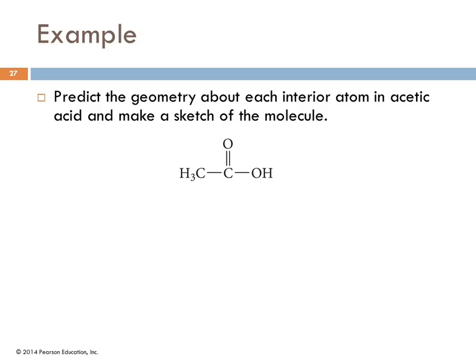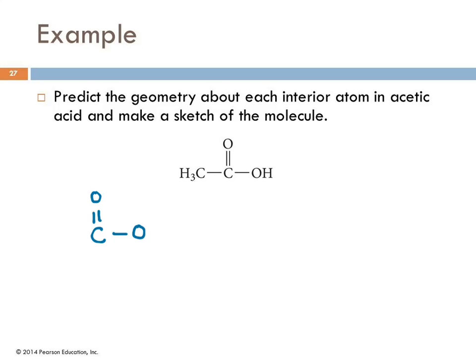So let's predict the geometry around each interior atom in acetic acid and make a sketch of the molecule. Well, here we have a structure, but it's not a Lewis structure. So we need to make a Lewis structure first so that we can see what we've got. So here we've got the carbon, and they are nice and tell us there's a double bond to the oxygen.